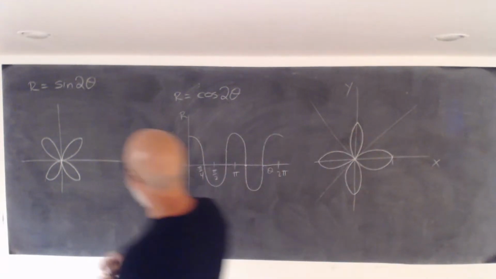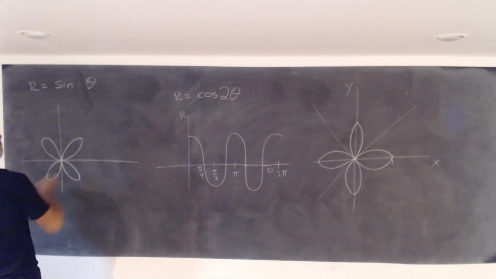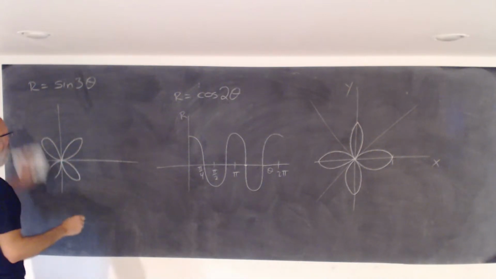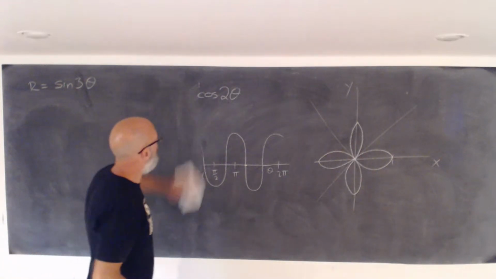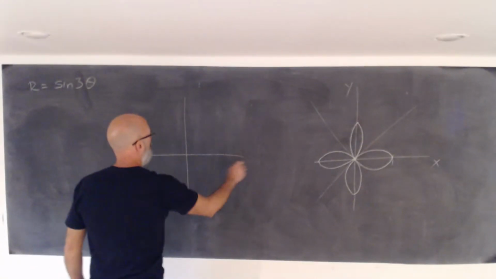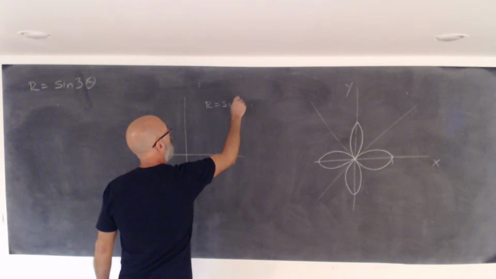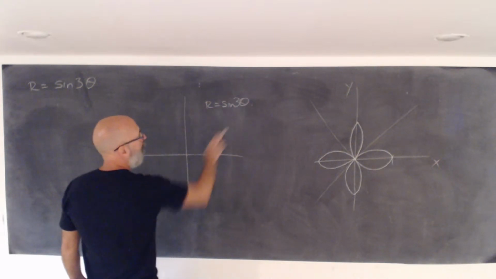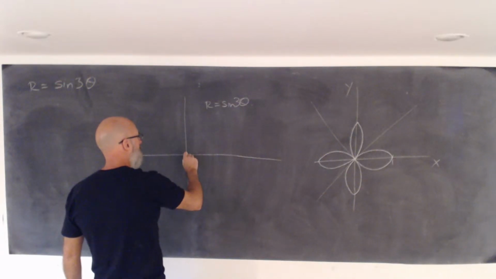Let's look at sine of 3 theta, just to see what happens. This is the same as sine of theta, but again, 3 times as fast.